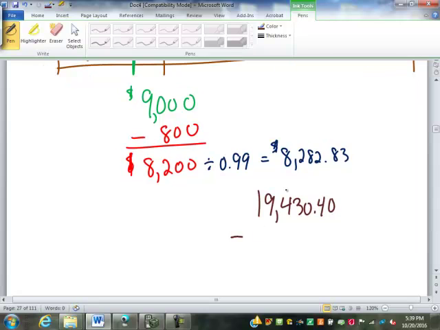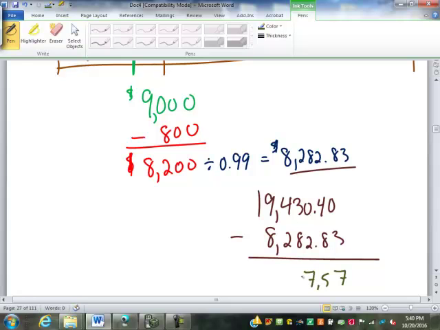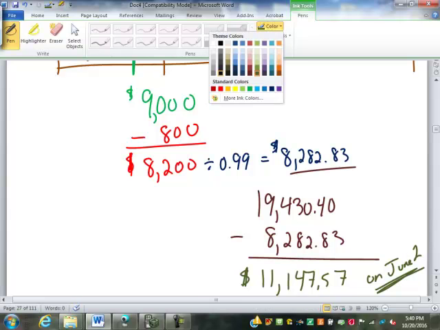And from that, we're going to subtract $8,282.83. $11,147.57 is due on June 2nd. Very good. Questions? Anybody want to see one more of those? Yeah? Okay.